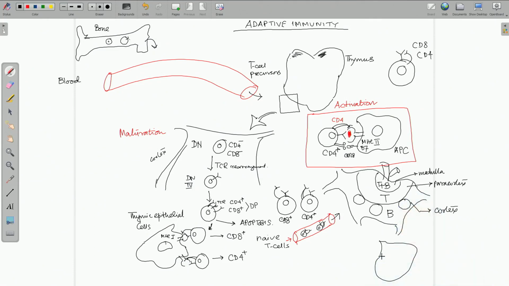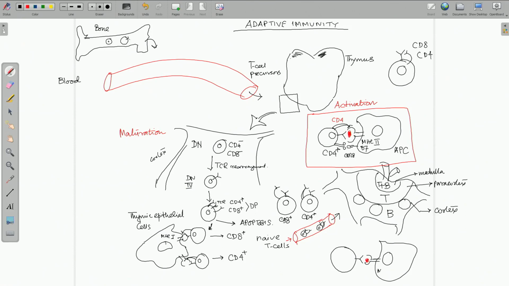Something similar happens with the CD8 plus cells as well. So, the CD8 plus cells will interact with antigen presenting cells which are expressing MHC class 1.